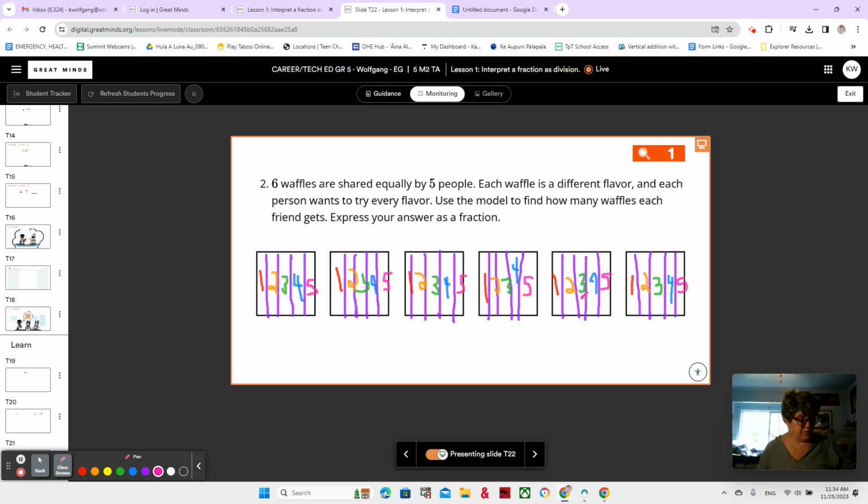Now, how much does each friend get? 1, 2, 3, 4, 5, 6. 6 what? 6 fifths. Each friend is getting 6 fifths.